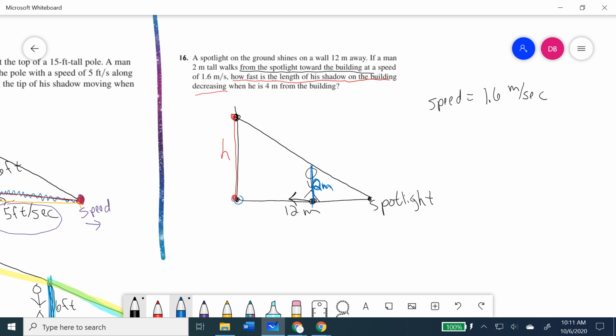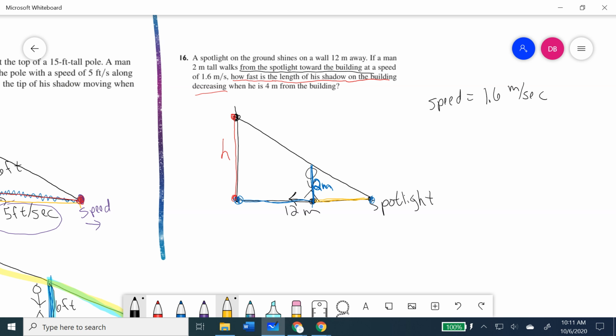Now, actually, in this case, both of these points aren't moving. You've got a choice. You can either say this distance is changing at 1.6 meters per second, and it's shrinking, so that would get a negative rate of change. Or you can say that this rate of change is positive 1.6 meters per second.